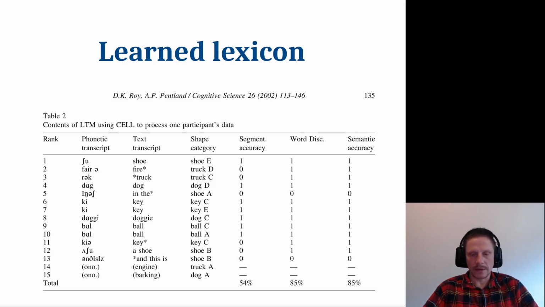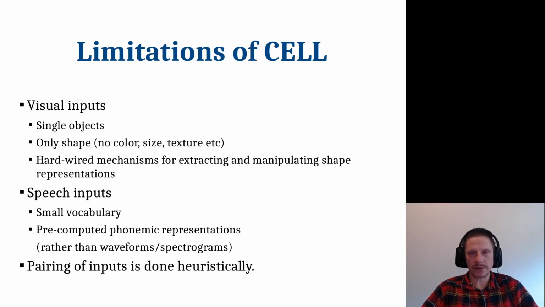That brings me to the limitations of these experiments and of this model, and there are a number of them relating to the visual inputs. Only single objects are used. Only their shape is being considered, so the color, size, or texture information is all ignored. As I already mentioned, the mechanisms for extracting and manipulating these shape representations are also hardwired and not learned.